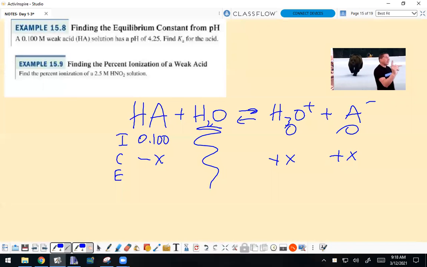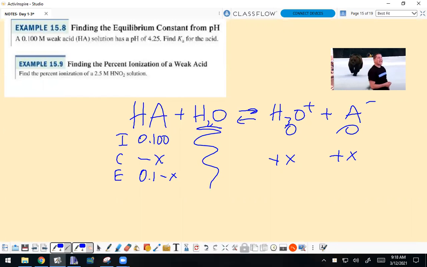We're always losing 1 hydrogen at a time. Even if it loses 2, it'll do 2 different equations. It'll lose 1, you can do the ice chart, and then you take those equilibrium conditions and you ionize it again to a second ice chart. And there's a second Ka value as well. There's Ka1 and Ka2 for substances that ionize twice. So 0.1 minus X.